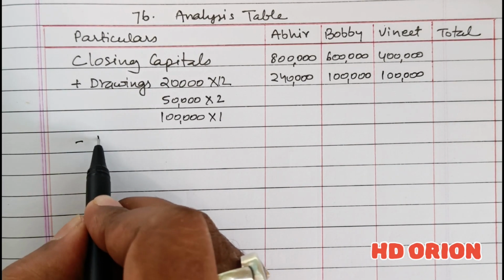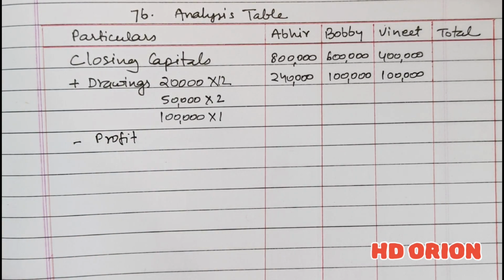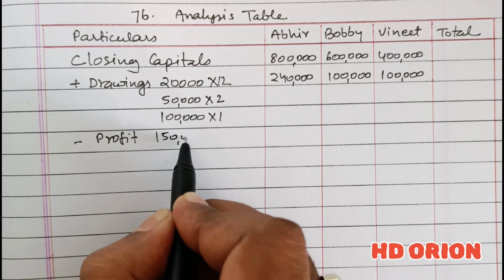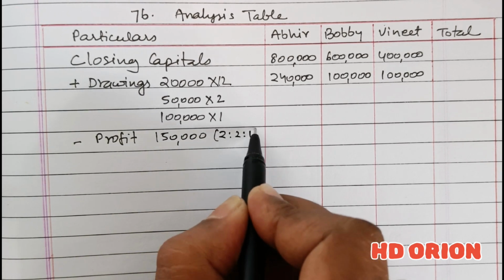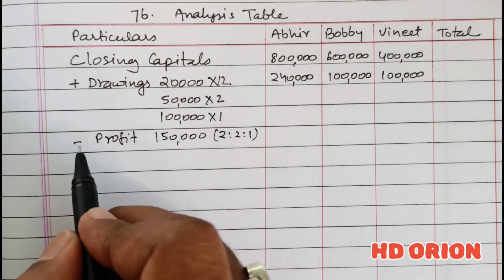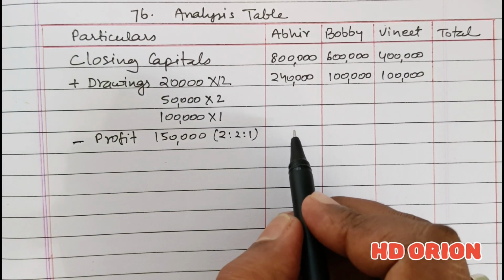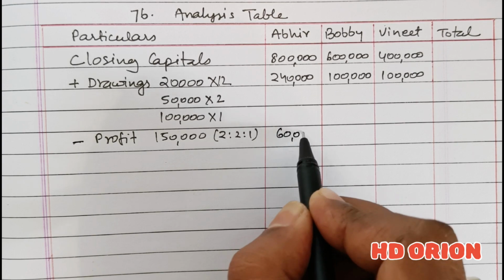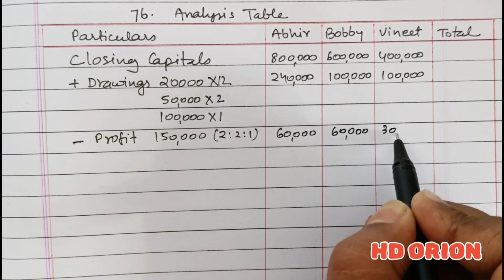And to this we will subtract profit, because in the question it says that after adjustments of profits and drawings. So profits earned during the year is rupees 1,50,000, which has been given to the partners in the profit sharing ratio, that is 2:1, ignoring interest on capital and interest on drawings. So profit which has already been added to the capital needs to be subtracted to calculate opening capital balances. That is 60,000, 60,000 and 30,000.